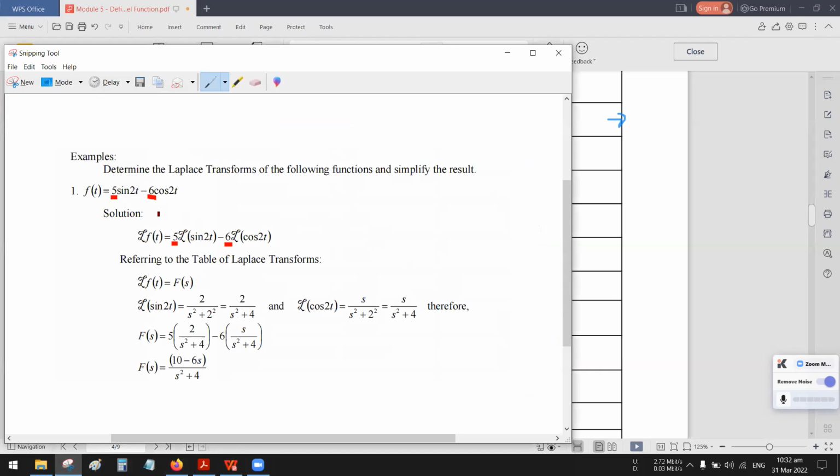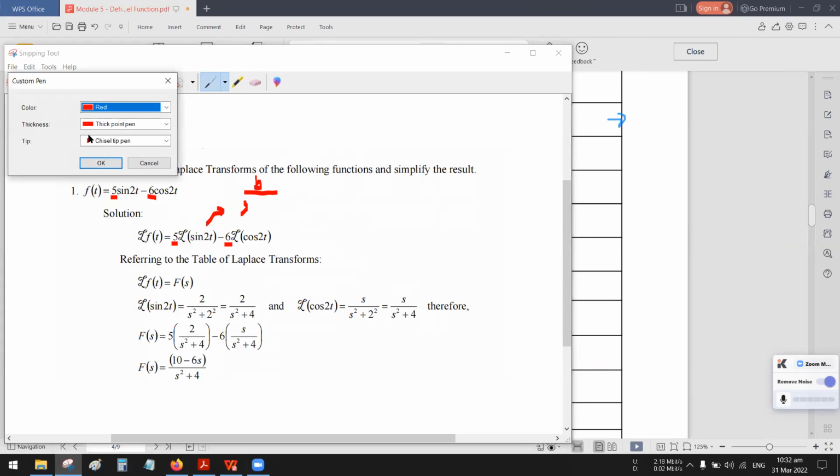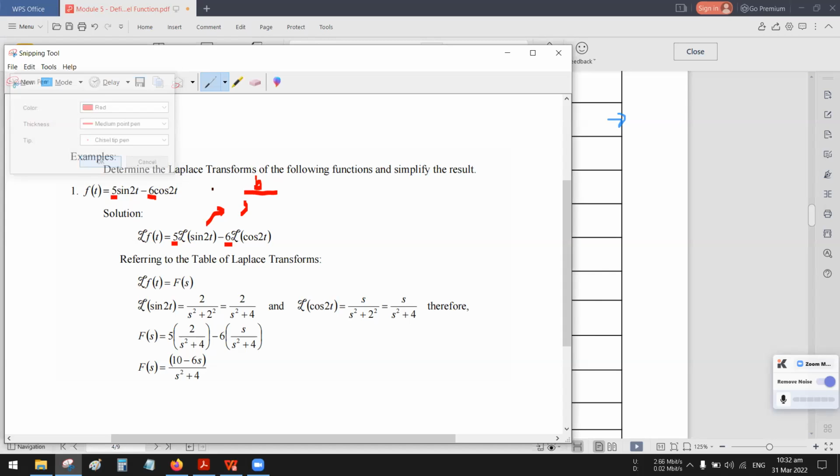Di ba? So, ginamitan natin ng equivalent value na sa frequency domain, that is b over s squared plus b squared.